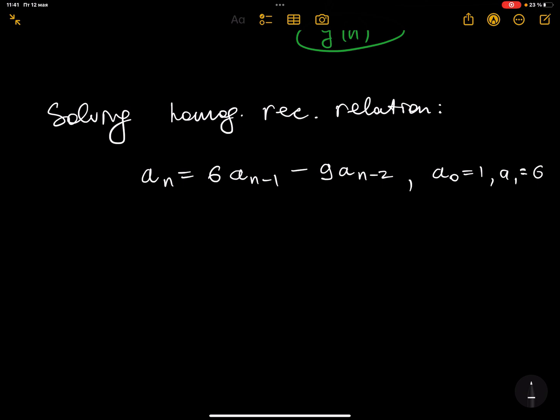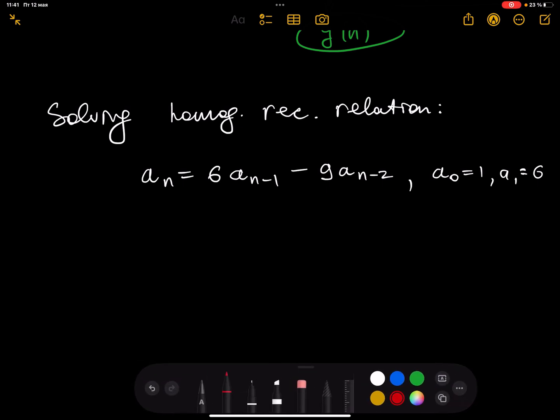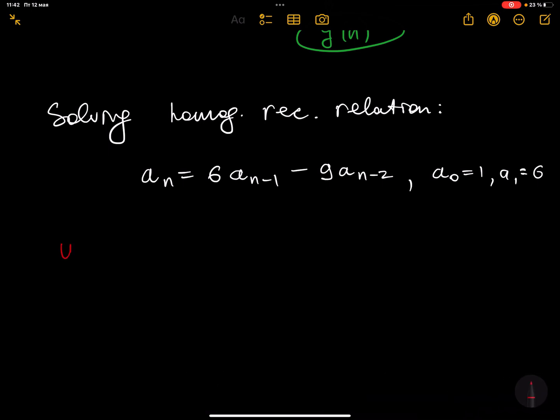So how do you solve homogeneous recurrence relations? You use a characteristic equation.